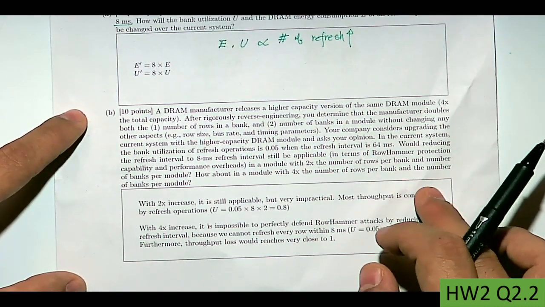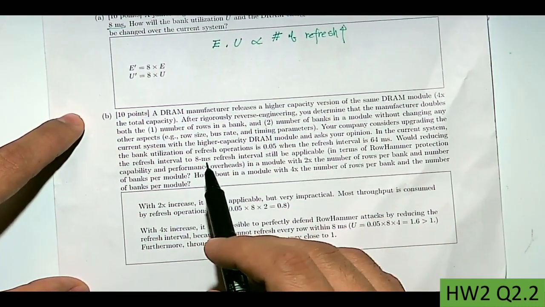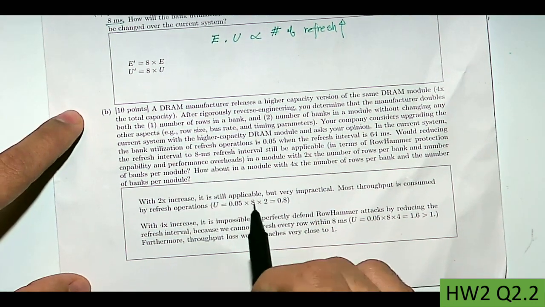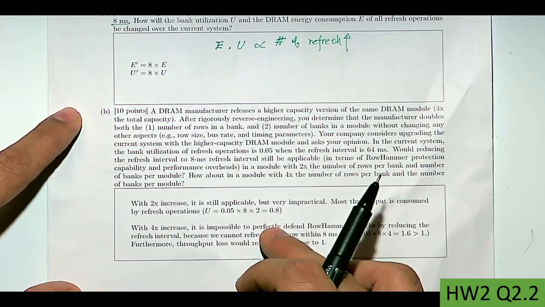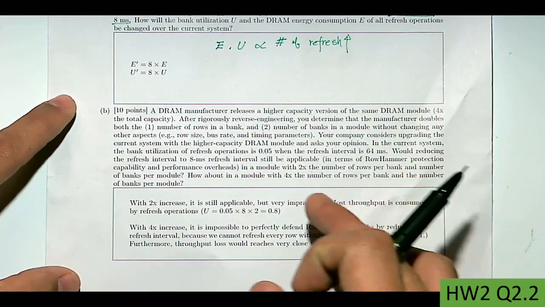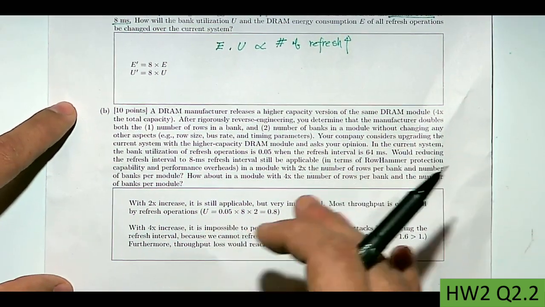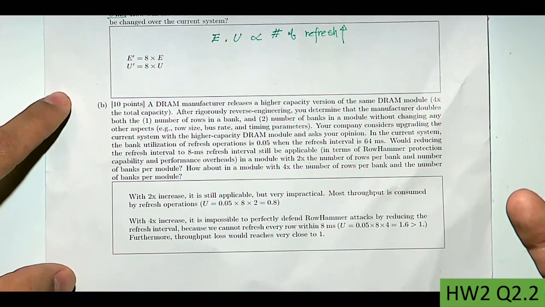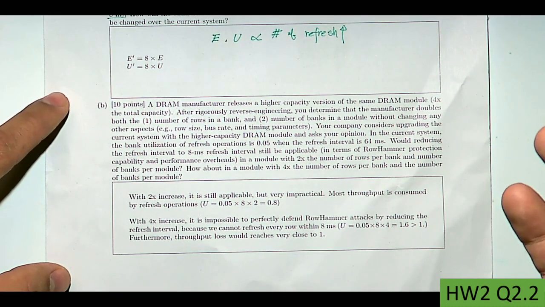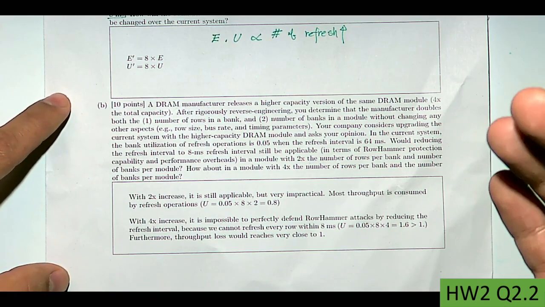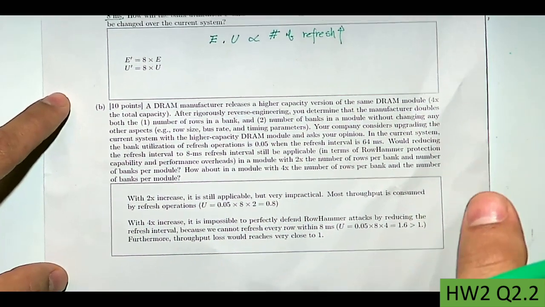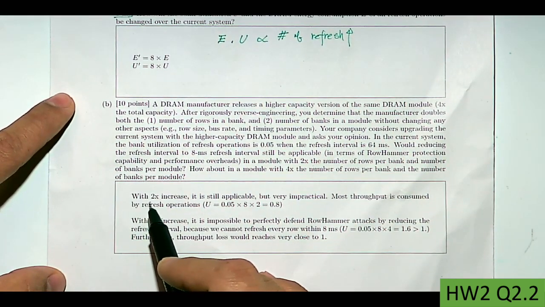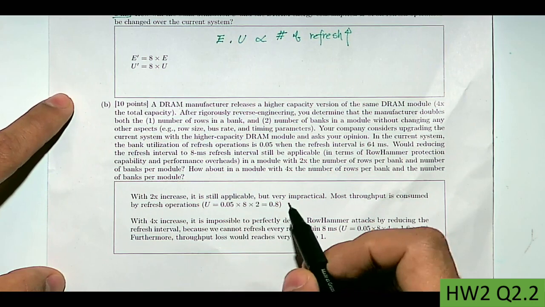So in this question, it asks how the bank utilization will increase along with these changes, and if the number of banks and number of rows per bank increase 4 times, how it should change. So with just a 2x increase, it is still applicable.